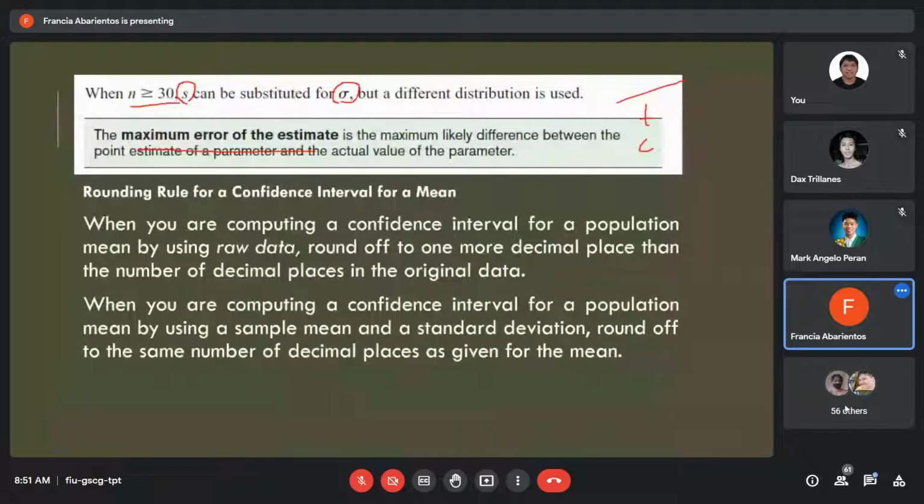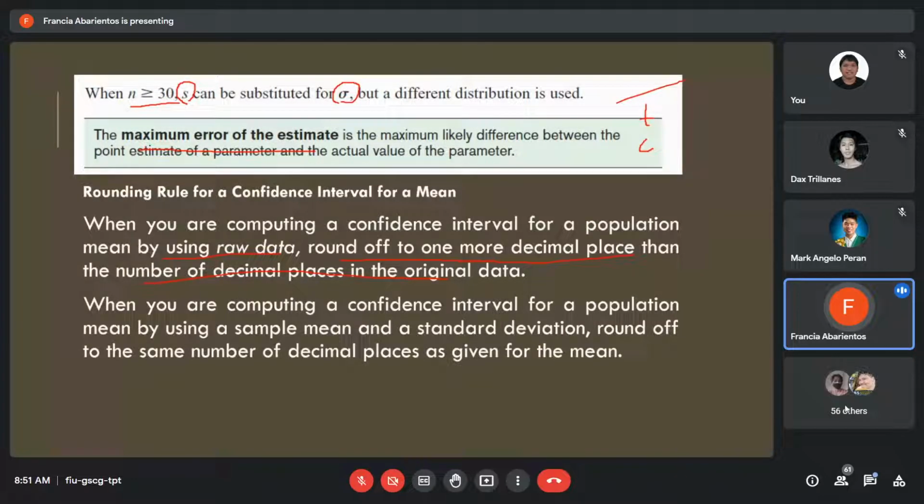Okay. So we have the rounding rule for the confidence interval for the mean. Ano lang pinagkaiba dito, class? When you are computing a confidence interval for a population mean by using raw data, we need to round off to one more decimal place than the number of decimal places in the original data.